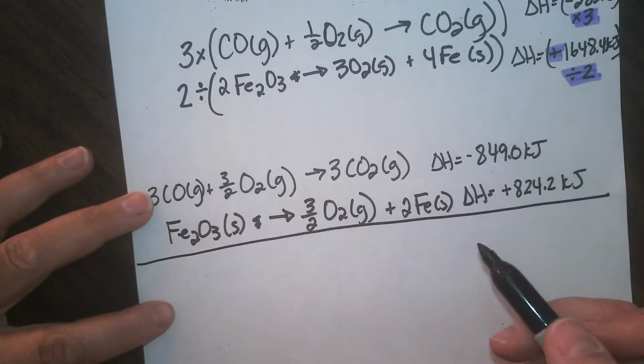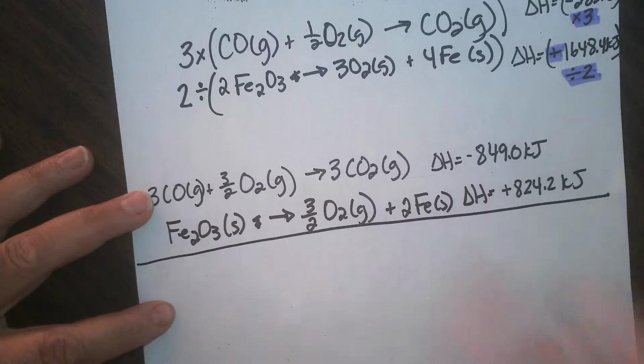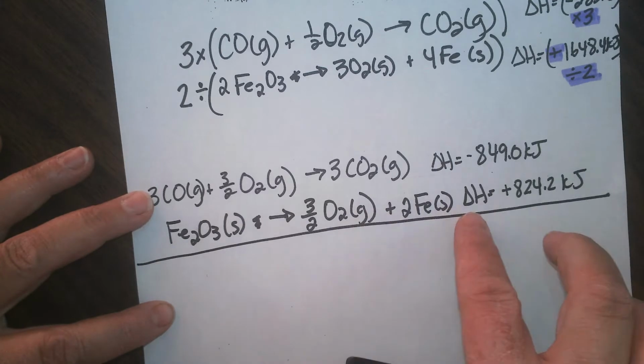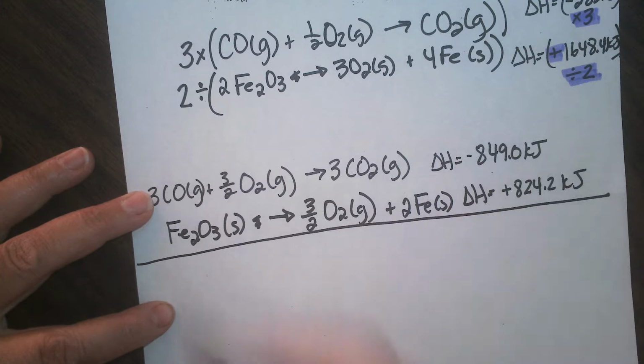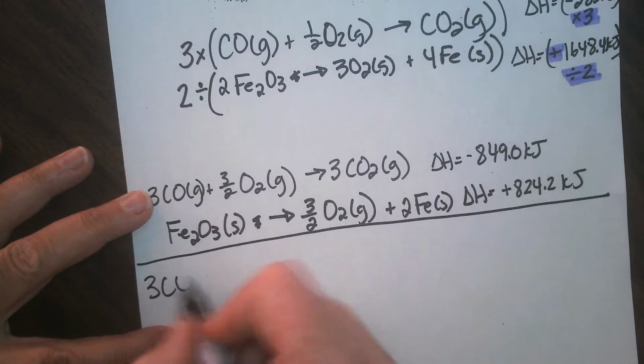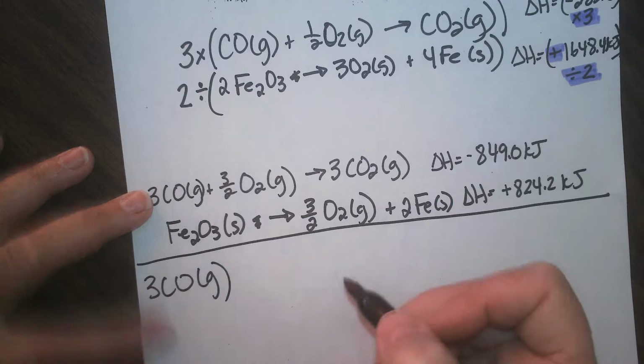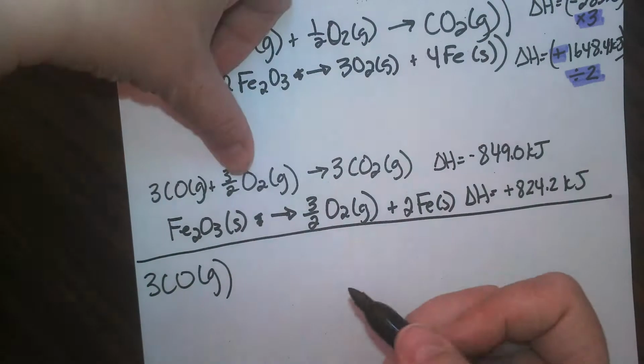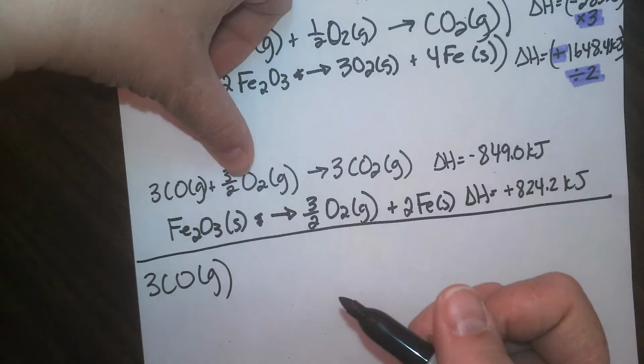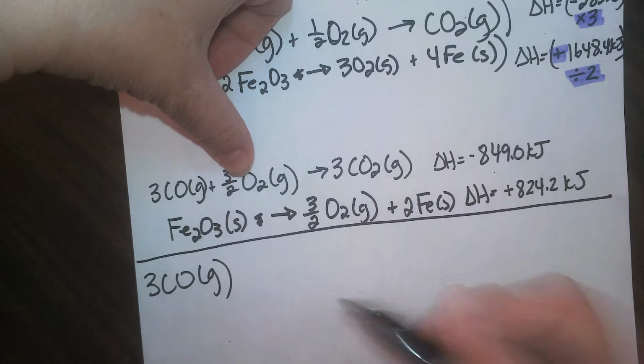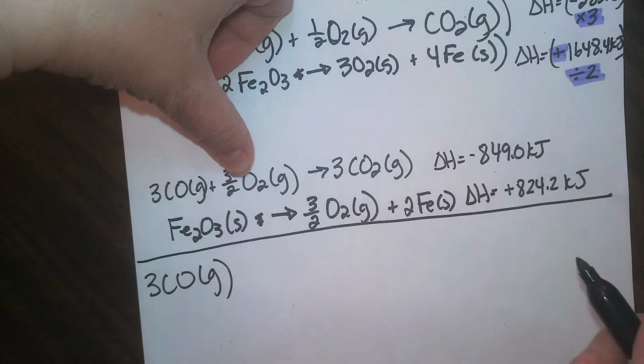So I have 3 COs on my reactant side. Do I have any COs on my product side? Okay. I have 3 halves here on my 3 half oxygen on my reactant side. Do I have any oxygen on my product side?